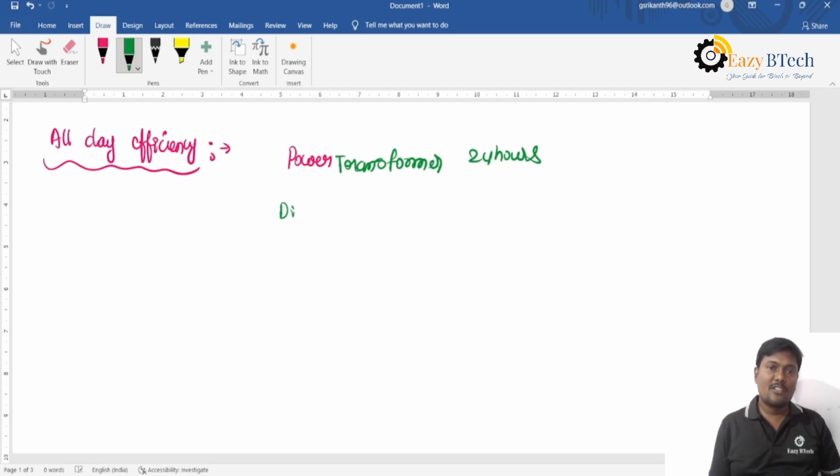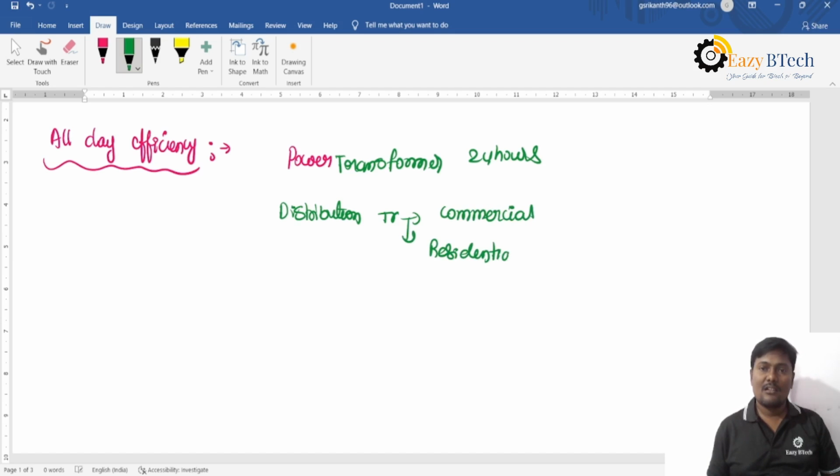But coming to the distribution transformer, it serves commercial and residential loads. The input is 24 hours, but the output is not continuous. It is on an hour basis.